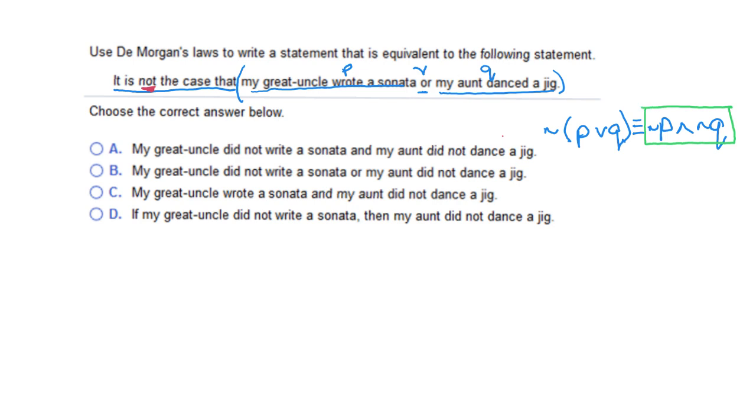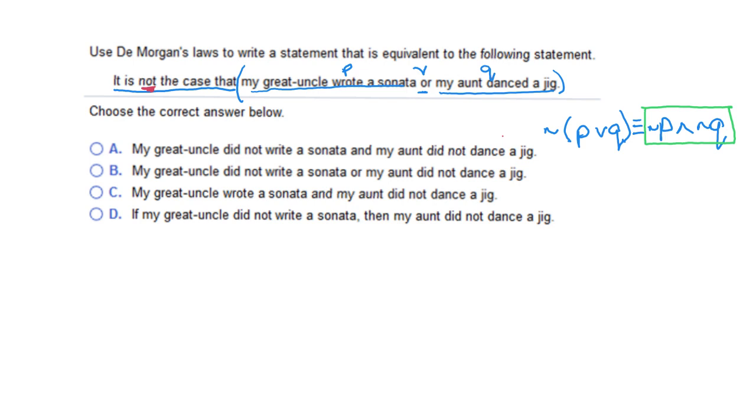Now we need to turn around and rewrite that into words. If my great uncle wrote a sonata is P, then not P is my great uncle did not write a sonata. We're changing this to an and for a conjunction. And we will also negate Q, which means my aunt did not dance a jig. So we're looking for my great uncle did not write a sonata and my aunt did not dance a jig.